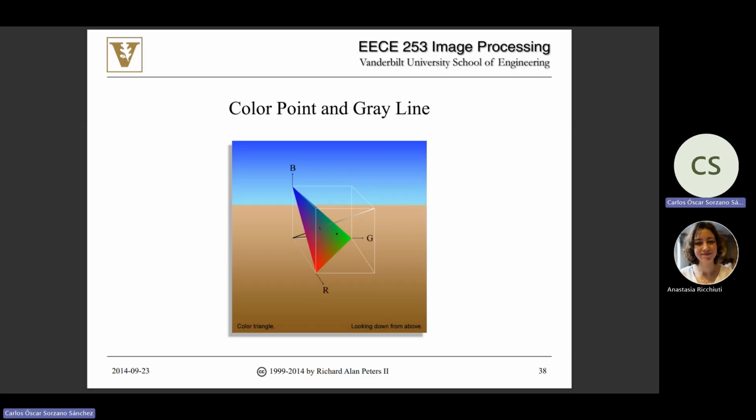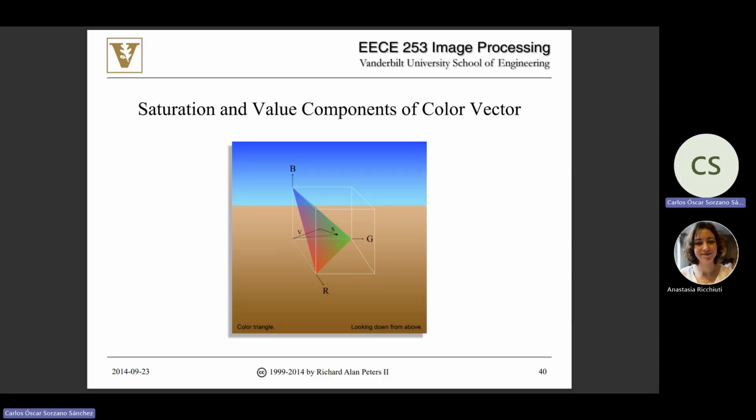So this was our color. This is our line. So this is the vector V0 that we mentioned before. Now I can measure what is this difference, S, that is the saturation. The module of that is the saturation.